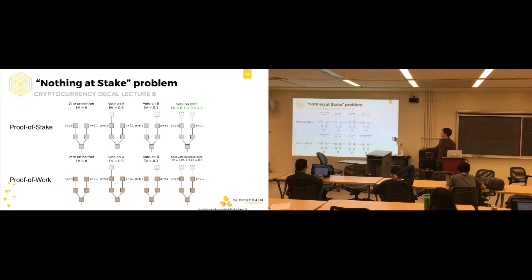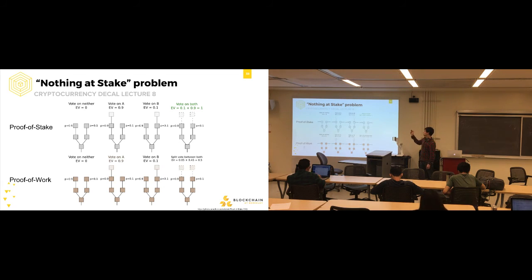So let's talk about the nothing at stake problem, which Ethereum aims to solve. But it's a good idea that you know why currencies like Peercoin, which were the first to implement proof of stake, have not taken off. So we can imagine two forked blockchains. One has a proof of stake style consensus algorithm, and the other is proof of work, maybe Bitcoin.